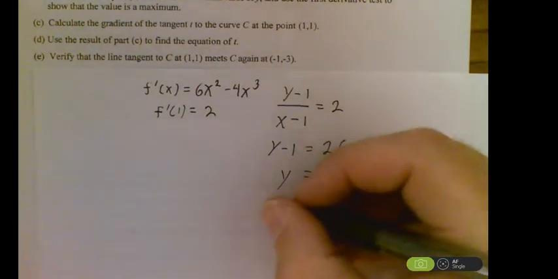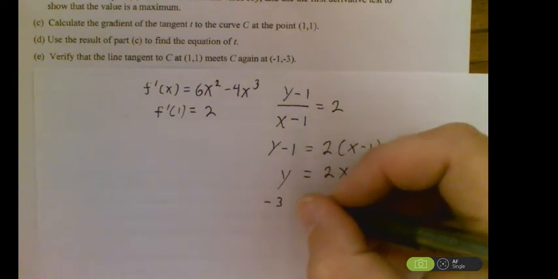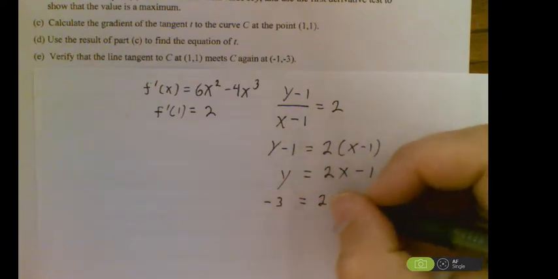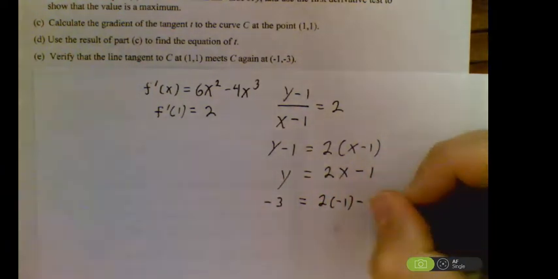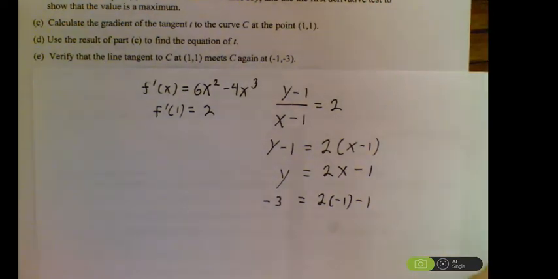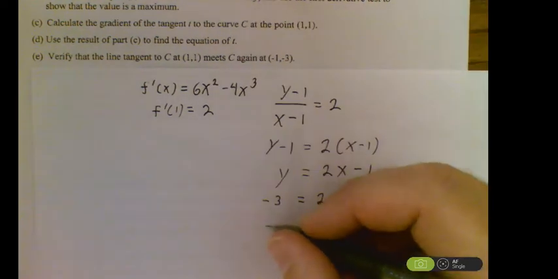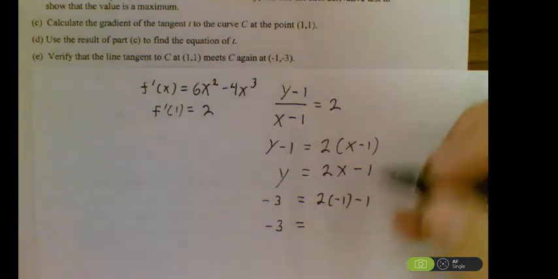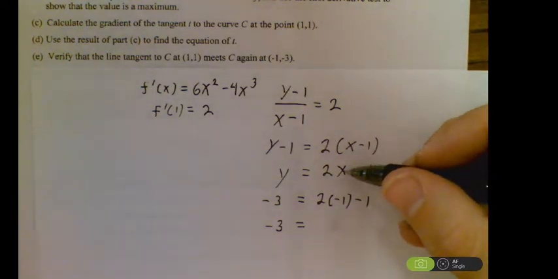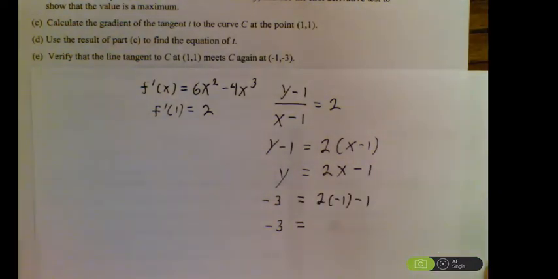So if I plugged a -3 in for y and a -1 for x, we're just testing to see and make sure that those do fit the equation. Meaning when I plug in a -1 for x, do I get -3 as my answer?